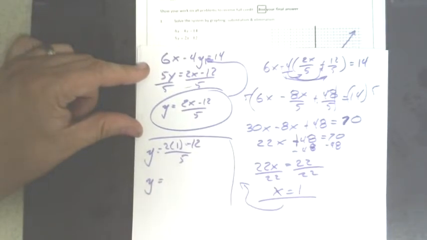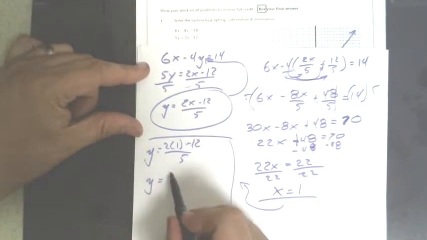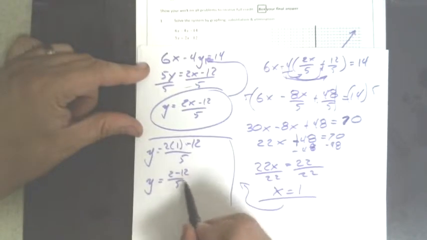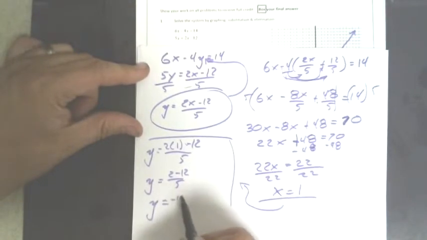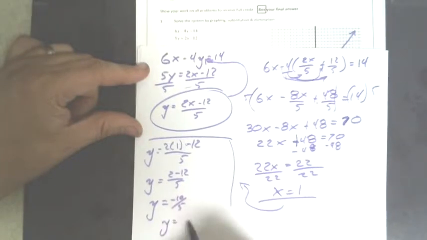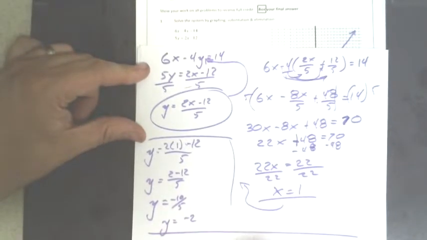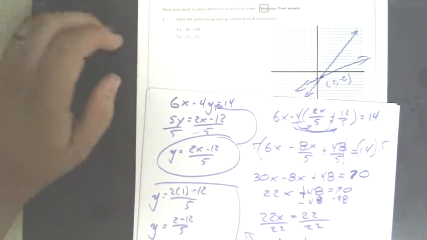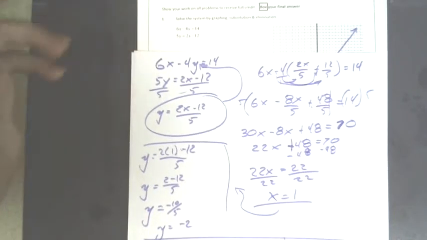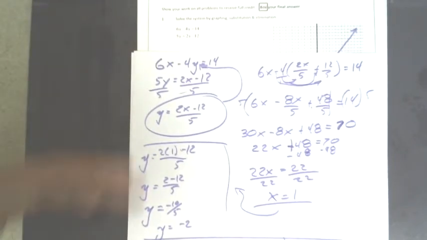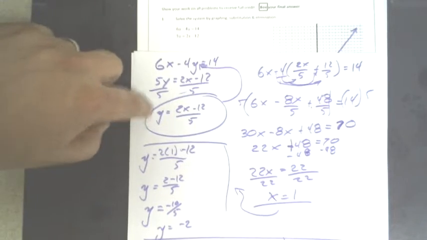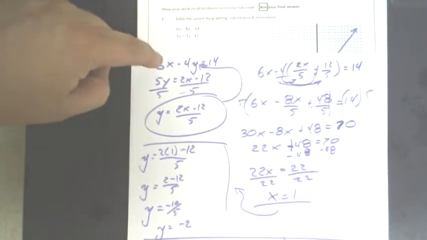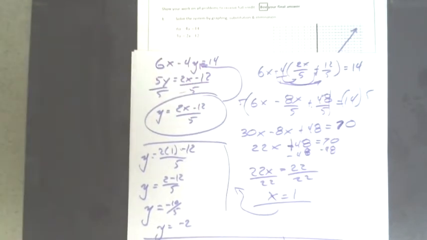So 2 minus 12 over 5, y equals negative 10 over 5. So y equals negative 2. So our answer should be the point (1, -2). And that's what our graphing looked like. So substitution. Here, we solved for y because it was almost done anyway, but you could have solved for any of the variables that you wanted.